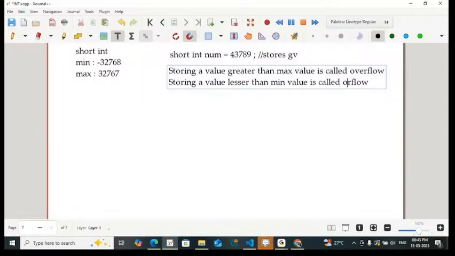So, whenever it is overflow or underflow, you will never come across any error.